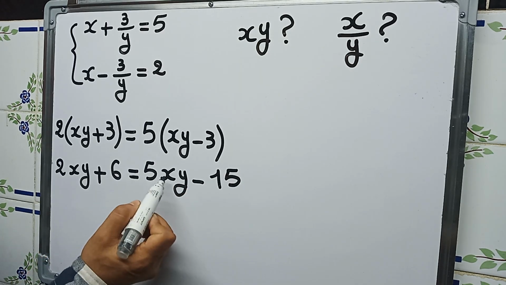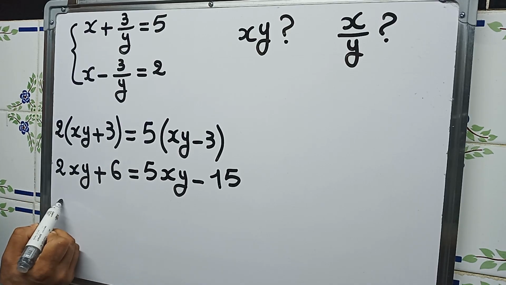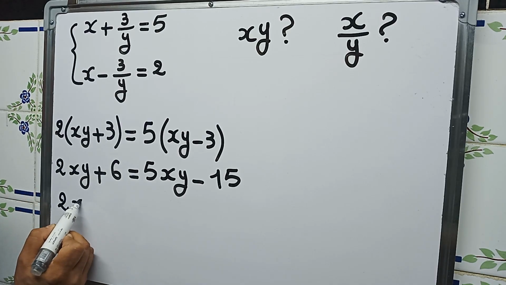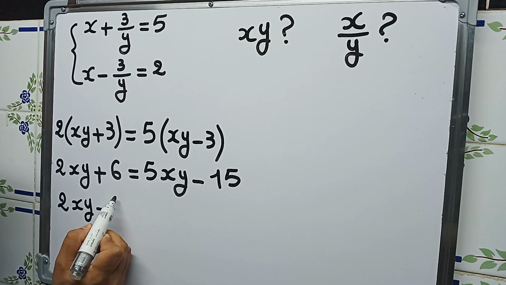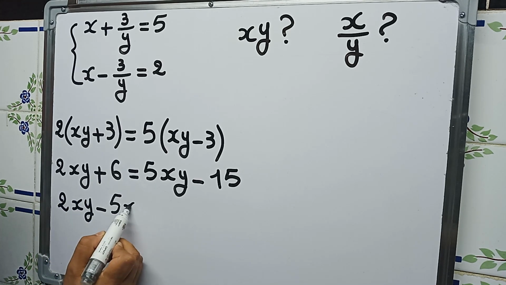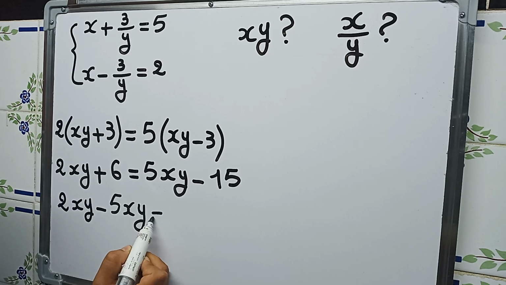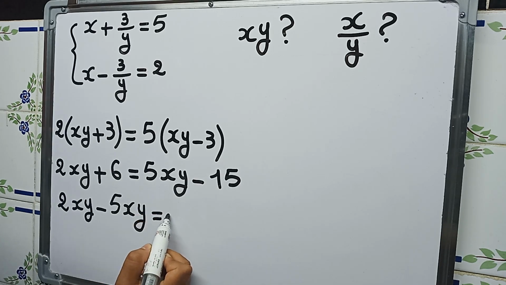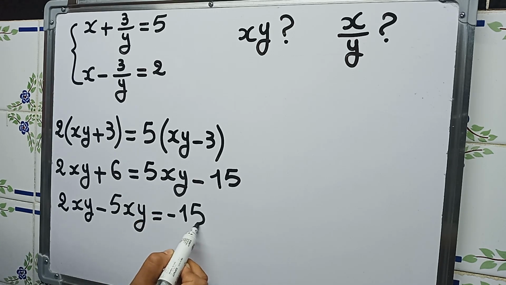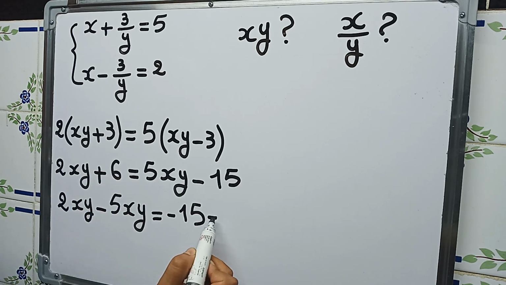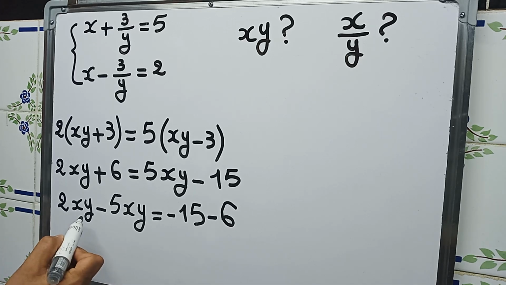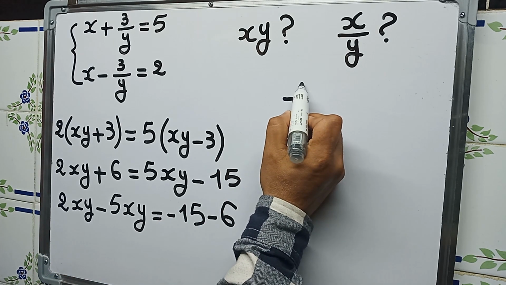Now taking 5xy to the other side, we will have 2xy minus 5xy is equal to, here we have minus 15, and this plus 6 goes to the other side and becomes minus 6.